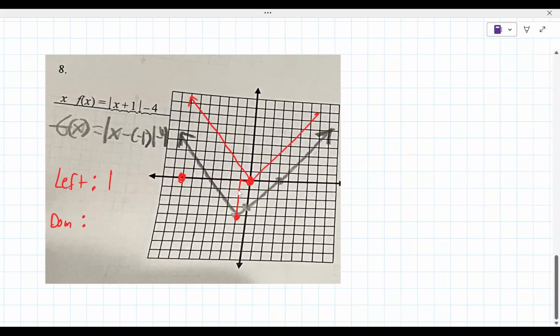Do you have this paper in front of you? Because I don't know how you got one down. Well, I did it by just doing the notes on my teacher's board. Do you have number 8 in front of you right now? Yes. Okay, so imagine you're here where my cursor is and you go one left and one down.